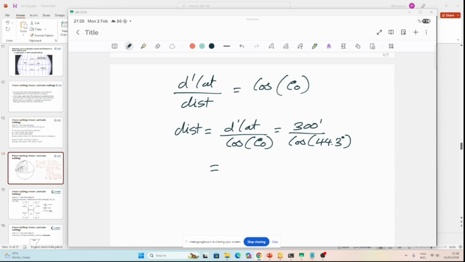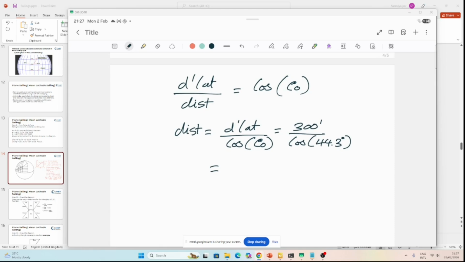Okay, since I am using a normal calculator, there will be a small difference from what you are using and what I am using. So don't worry about that one.